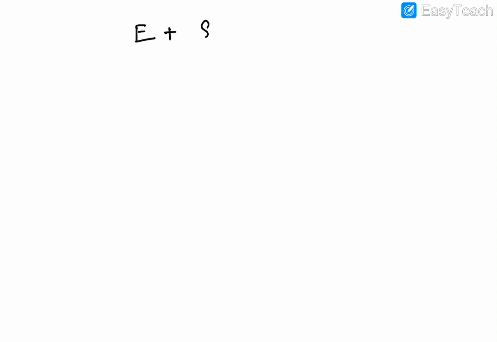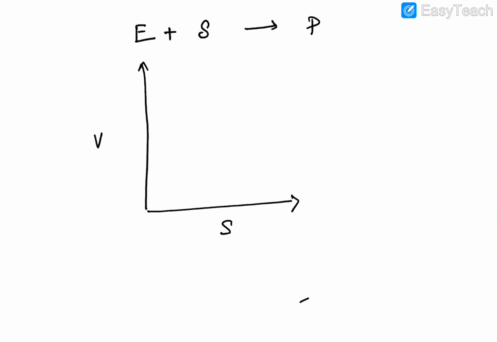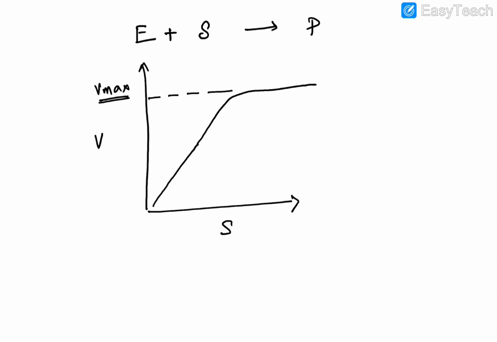Now, if we understand how an enzyme-substrate interaction works, we know that there is an enzyme. If we add a substrate, then we get a product. This is the basic framework. If we are plotting this on an XY axis, and on the x-axis we take the substrate concentration and on the y-axis we take the velocity of the reaction, then as we increase the substrate concentration, the velocity of the reaction will increase, and as we keep on increasing the substrate concentration, all the substrate binding sites of the enzyme will be saturated and we will achieve the maximum velocity that we can have in that particular reaction.